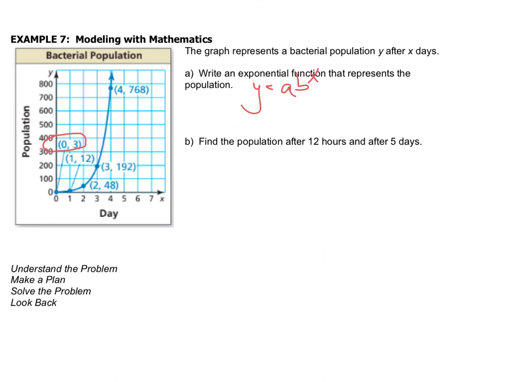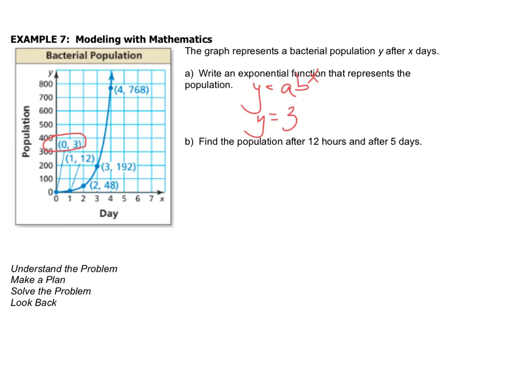But again, it doesn't ever actually, these things get closer and closer and closer. But the ordered pairs are telling us it is crossing at 3. So I can already start to plug in. A is my y-intercept. Okay?